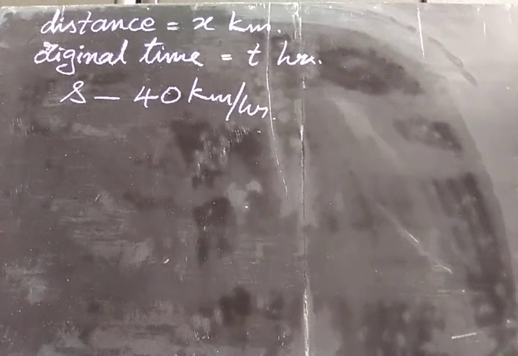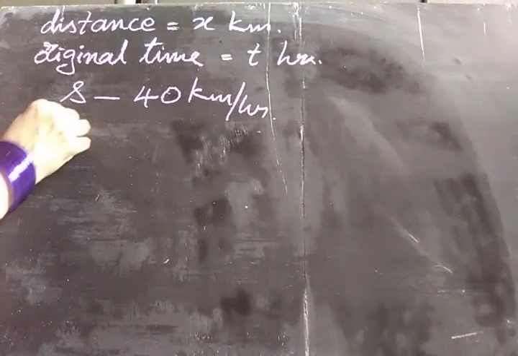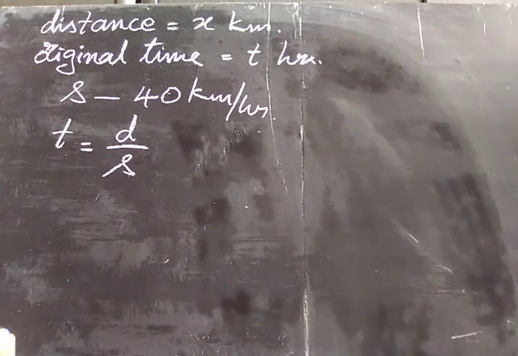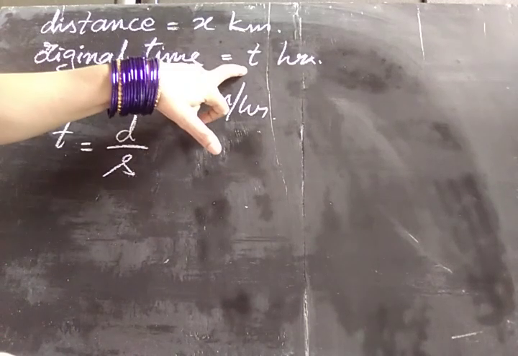And speed is equal to distance by time. Time is equal to distance by speed. That is the formula. So here the time t is the original time.